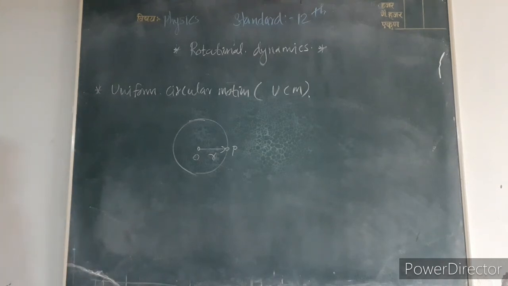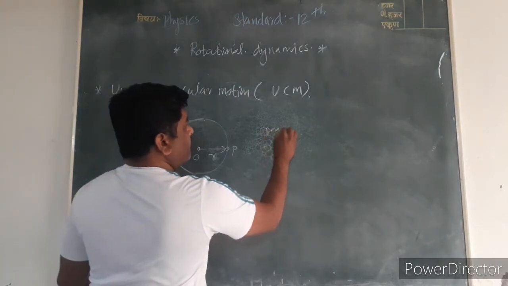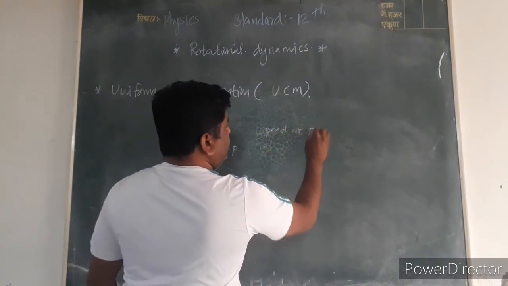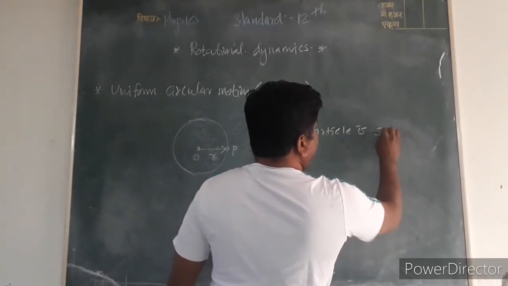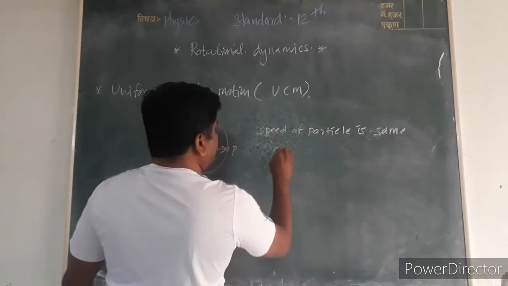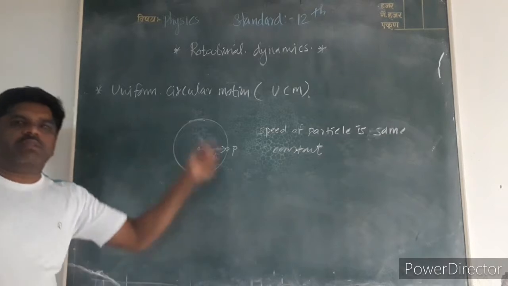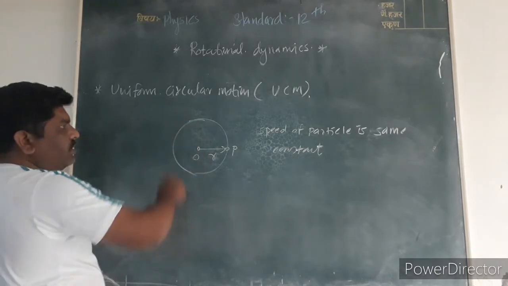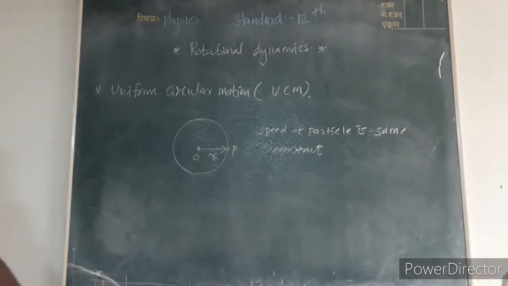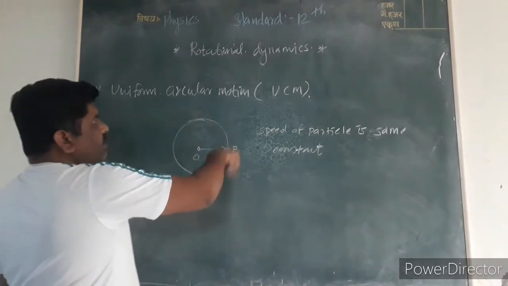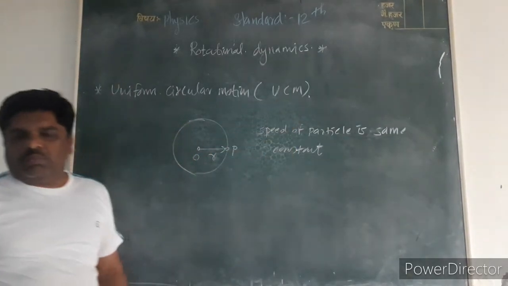It is called circular motion, and when the speed of the particle is the same or constant throughout the motion, then that type of circular motion is called uniform circular motion.